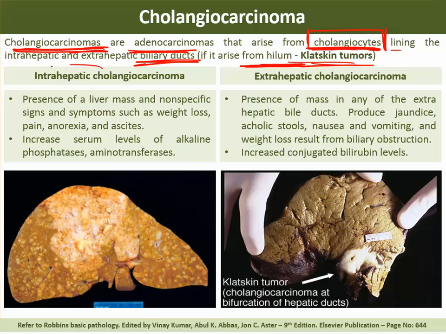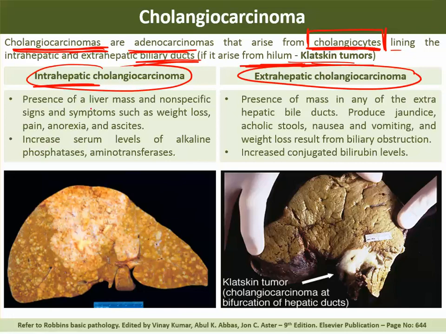Now, intrahepatic and extrahepatic cholangiocarcinoma produce different symptoms clinically. Intrahepatic means it is inside the liver. This malignant tumor comes inside the liver and will produce a hepatic mass. They will increase the serum levels of alkaline phosphatase as well as aminotransferases, AST and ALT.